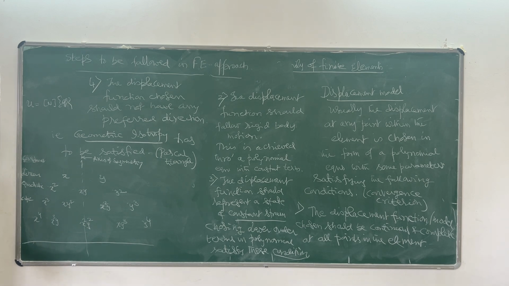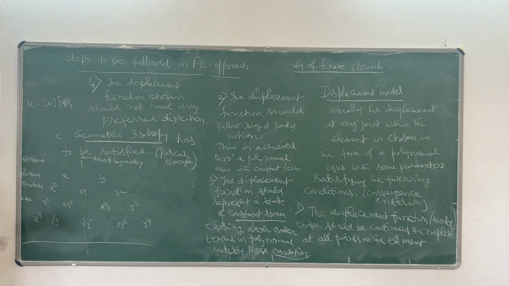This function we call the shape function. The shape function is that function which, when multiplied by the nodal displacements, in terms of the degrees of freedom at each node, gives the displacement at any point. That is called the final displacement model.